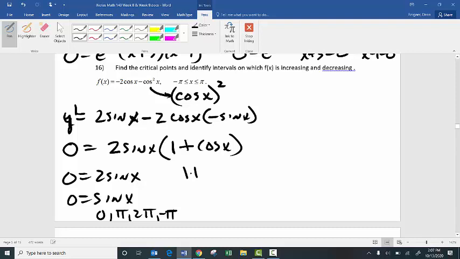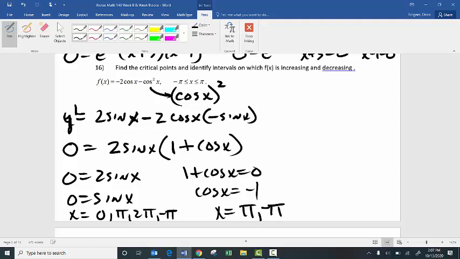This one here, we have to set equal to 0. So we're going to subtract 1. We're trying to figure out where cosine is -1. So these critical numbers are pi and negative pi. You can see that the critical numbers are very similar, but you only want the ones between negative pi and pi.